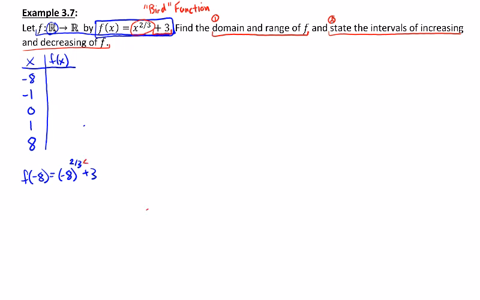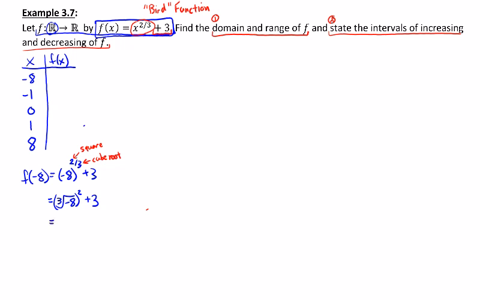We have that 3 representing a cube root, and then we have this 2 representing a squaring function. So just a typical square, raising it to the second power. I typically will like to do the root first and then perform the square. So this is going to be interpreted as the cube root of -8 all squared, and then I'm supposed to add 3.